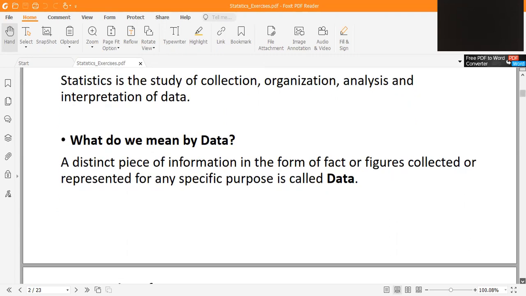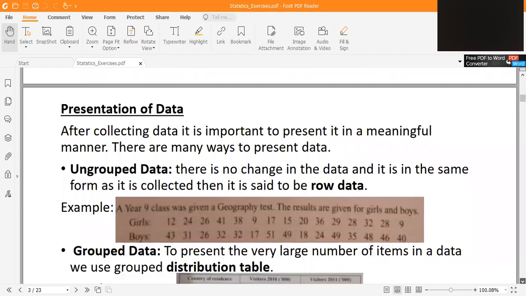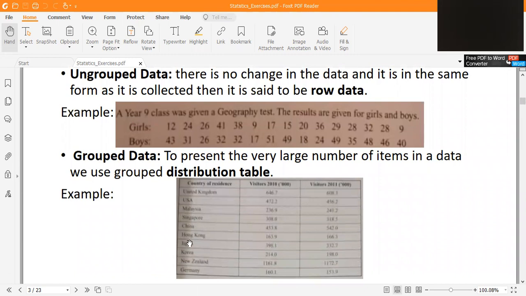Data can be presented as ungrouped data, which is said to be raw data, a raw list of numbers. Grouped data should be given in a well-organized table.